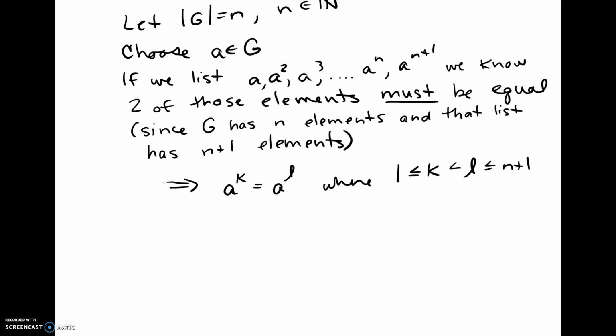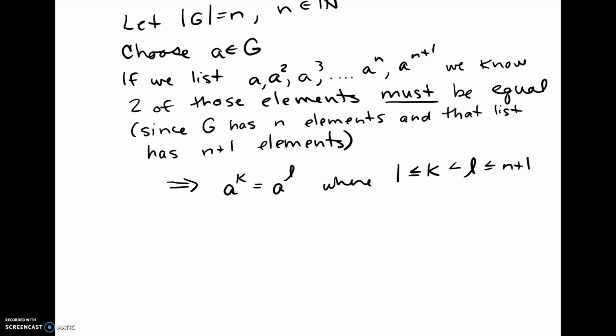So we can arbitrarily choose that k is less than l. You could choose l is less than k instead, it wouldn't matter. We know that k has to be greater than or equal to 1 because we start with just a in our list, so we start with a to the 1. And we know that l has to be less than or equal to n plus 1 because that's the last thing that we have in our list of a's.